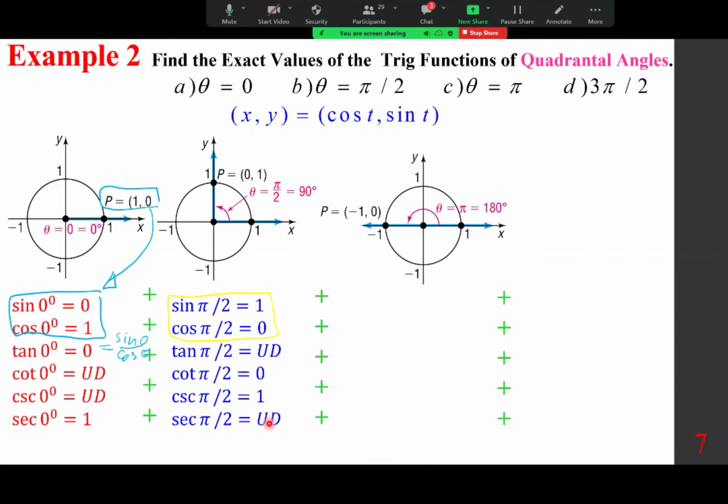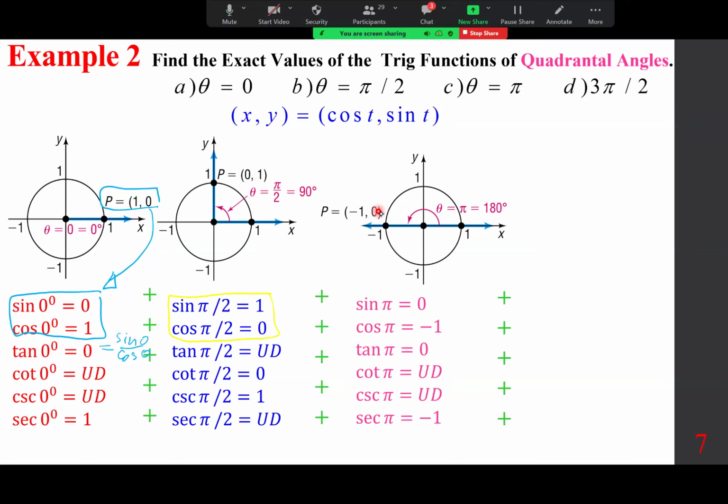Pi or 180 degrees, coordinates (-1, 0). Right away, x is -1, that means cosine of pi is -1. y is 0, that means sine of pi is 0. Let's concentrate on those two only.